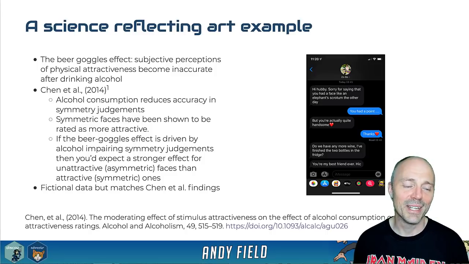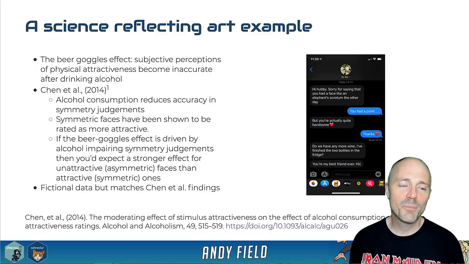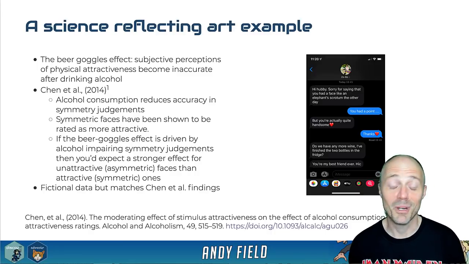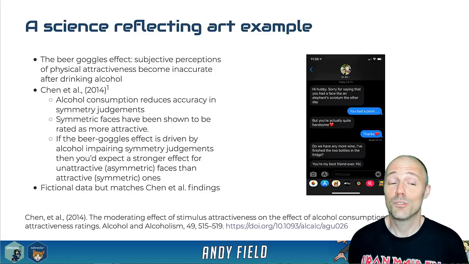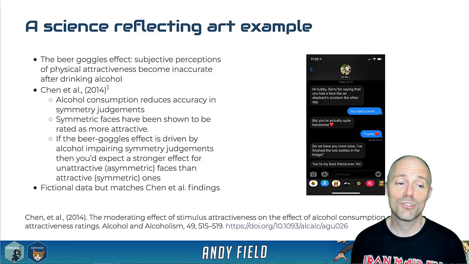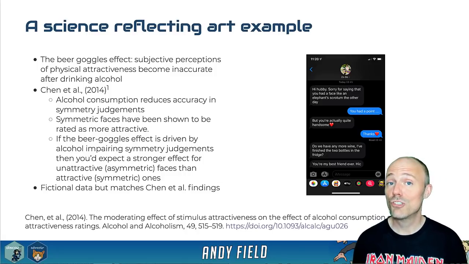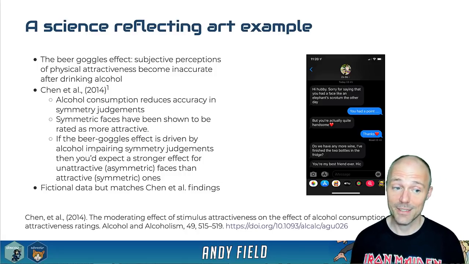It does amuse me. So there was a study in 2014 that was based on some actual science rather than my fabricated example. Alcohol consumption has been shown to reduce the accuracy in symmetry judgments. So if you've drunk alcohol, you're less good at judging symmetry, and symmetrical faces have been shown to be judged as more attractive than asymmetrical faces.